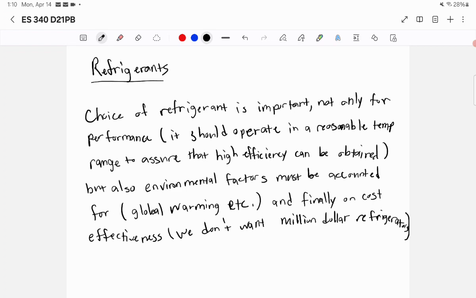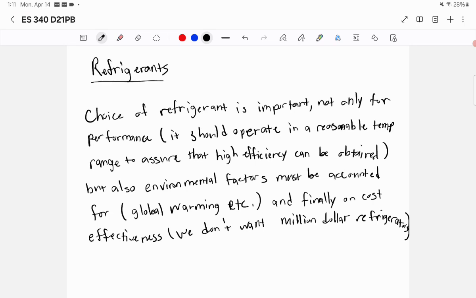And the refrigerants actually have multiple environmental hazards associated with them, but a primary one that has come to mind in recent times is global warming. So when these things are released into the environment, they act as traps for heat energy coming from the sun, and some of them are very efficient traps.